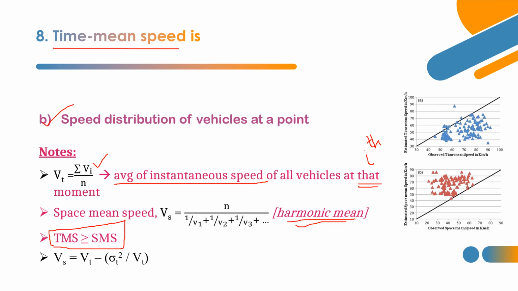A simple average will always be greater than the harmonic mean. That's why time mean speed is greater than space mean speed.